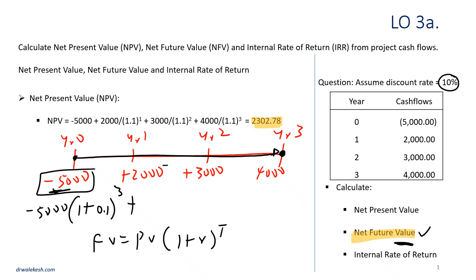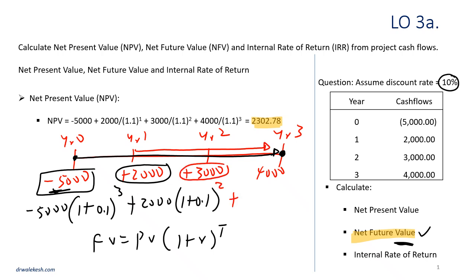Then plus 2,000 into bracket 1 plus R. That's 0.1, but now we are compounding for 2 years. Then plus 3,000 into bracket 1 plus R, which is 0.1, but we are compounding here for 1 year, then plus 4,000.